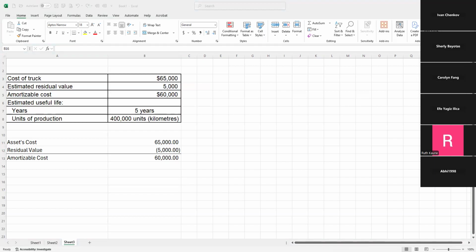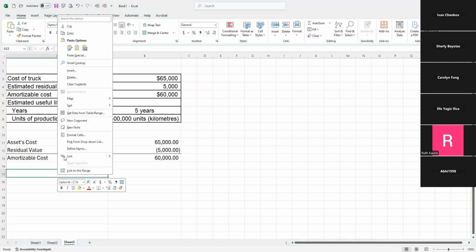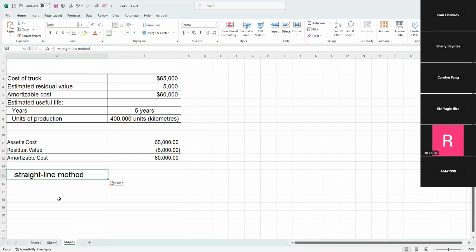If somebody tells you straight line method, what does that mean to you? Same amount year after year after year after year.